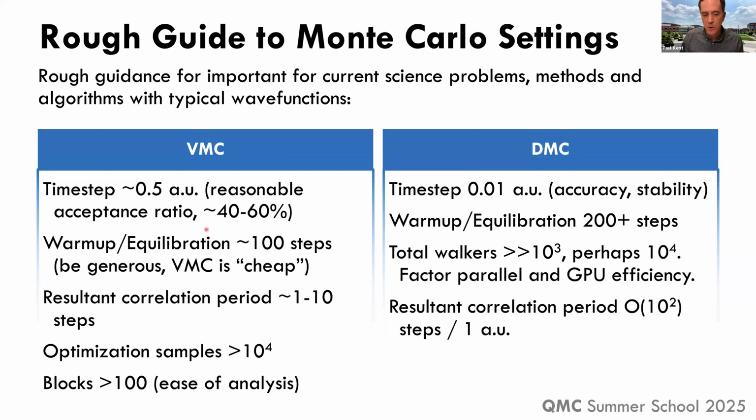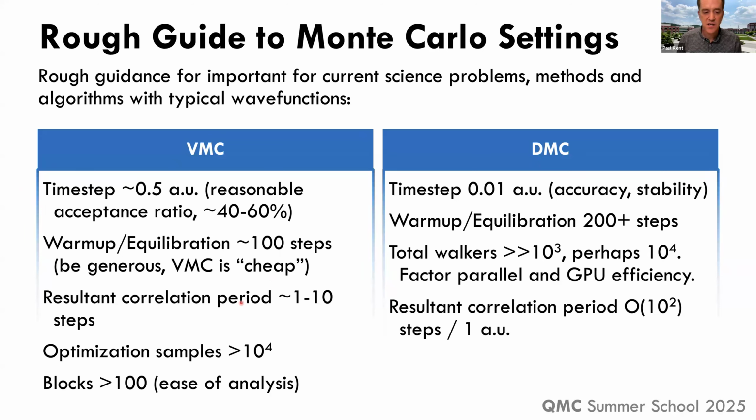The warm-up is very quick in Variational Monte Carlo because we don't need to measure the energy or any other properties. We just keep moving the electrons. And that may be 100 steps, but you could put 200 or more there. And since VMC is so, quote unquote, cheap, that doesn't actually cost you much time.